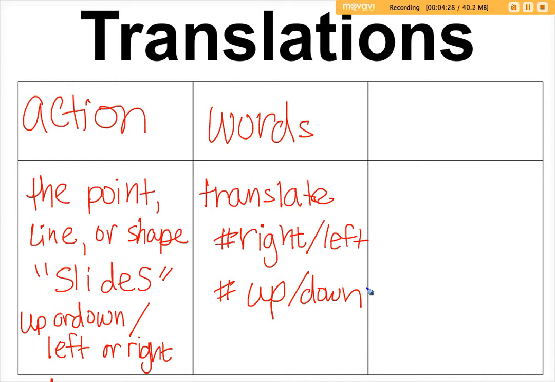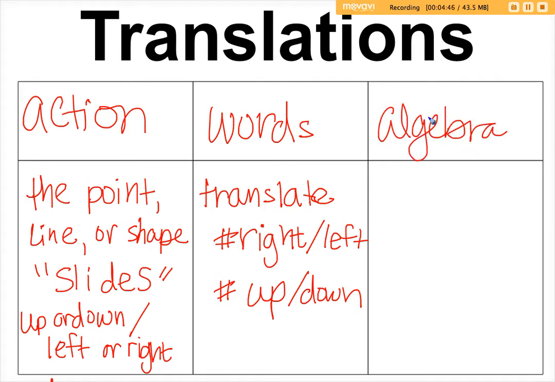So what's going to happen is you're going to be given a number. Move 2 to the right and 4 down, or 1 to the left, 3 down, 1 to the left, 3 up. Okay, that's an example of what the directions will look like.